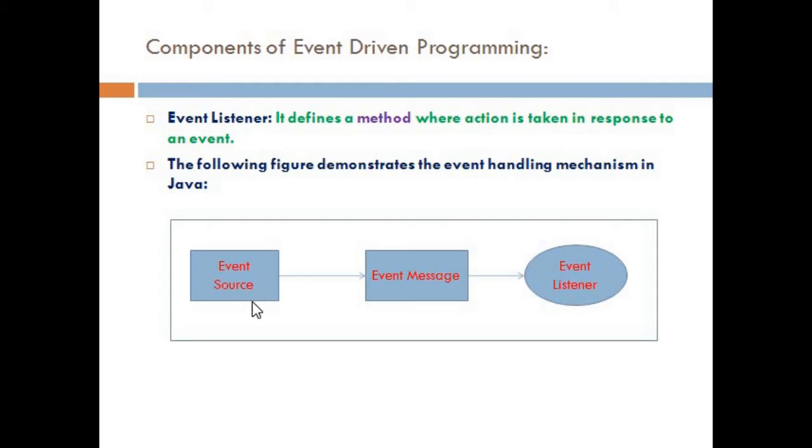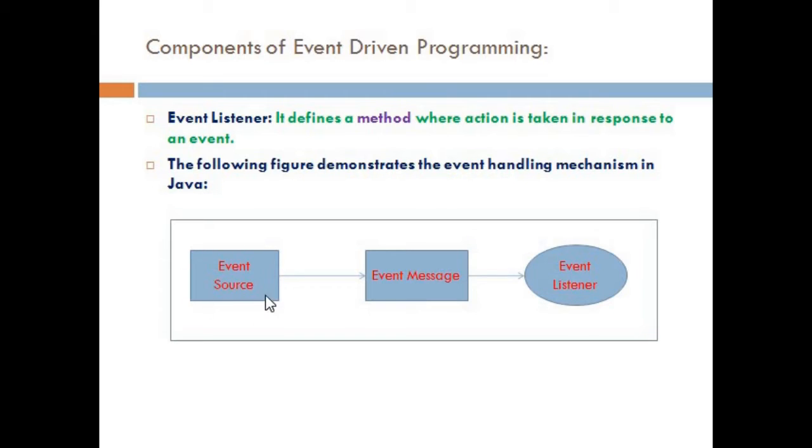So for the event where the user clicks on a mouse button, the event source is the mouse button. For the event where the user selects an item from a menu, the event source is the menu. For the event where the user types some text in a text box, the event source is the text box.